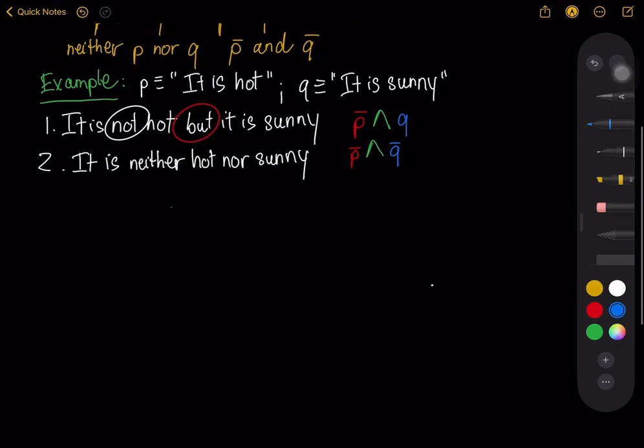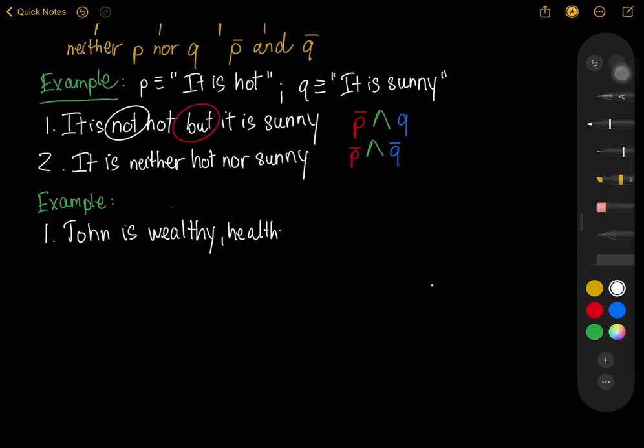I'm going to give you 3 sentences and you're going to write each symbolically. First one: John is wealthy, healthy, and wise.